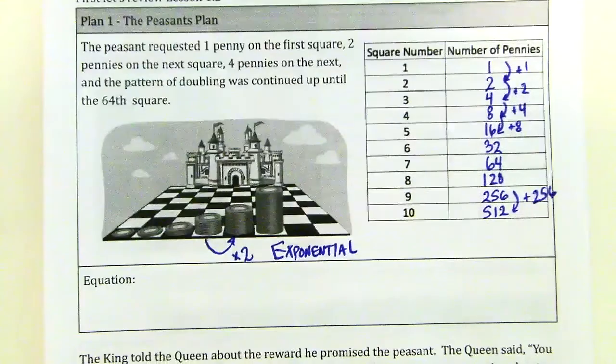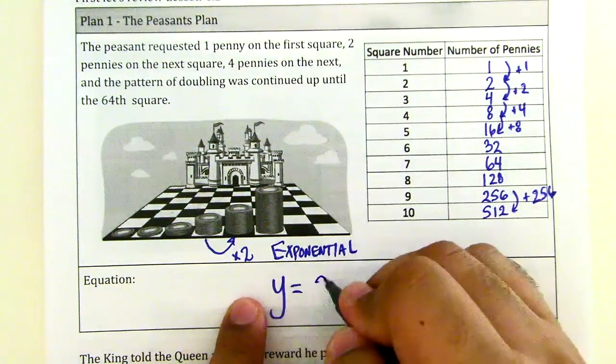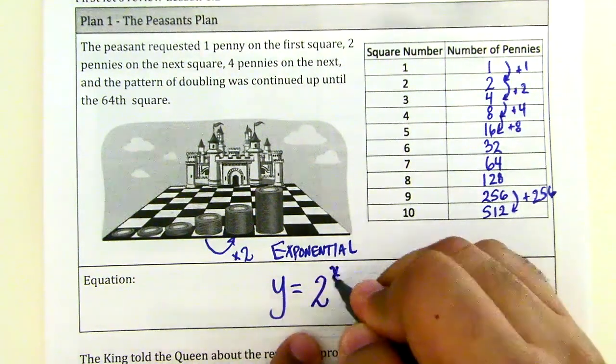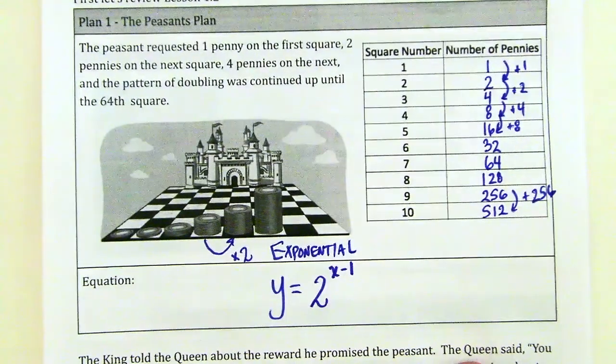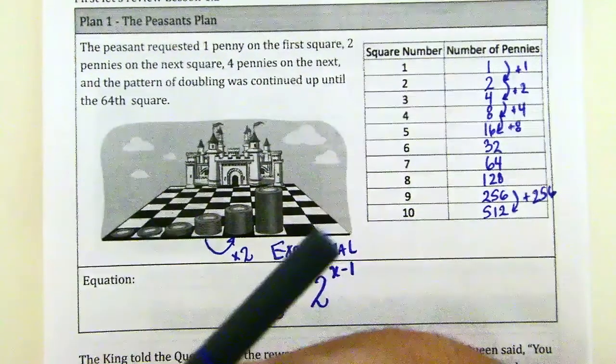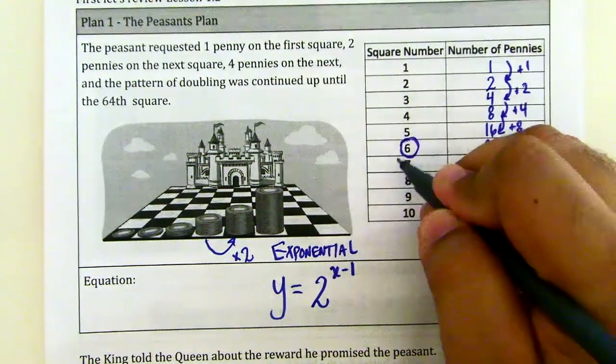So just to remind you of the equation that we found yesterday that represents this specific relationship, it looks like this. y equals 2 raised to the x minus 1. And just to show you how that works, for example, let's say I think about when I have 6 squares.